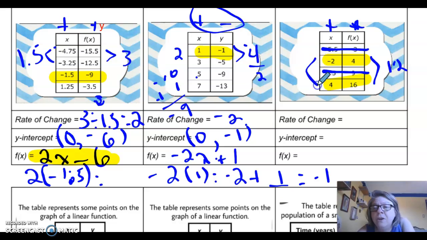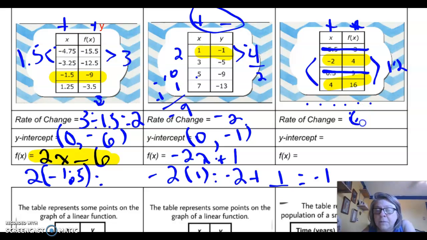Okay, now I need to go from -2 to 4: -2, -1, 0, 1, 2, 3, 4. Since you can't really see my fingers that well, I'm counting on my fingers with the dots, and I see that I have 6 dots. So my rate of change is 6.